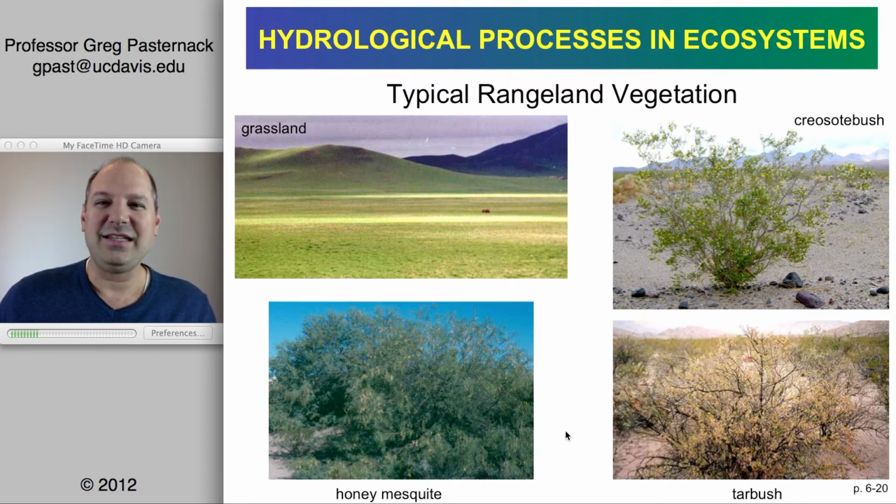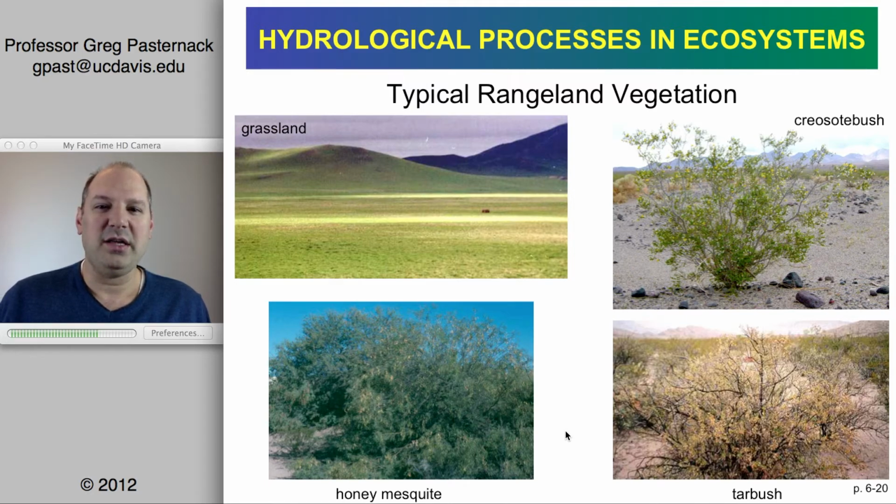But in fact, that's not really an accurate reflection of semi-arid, arid conditions in the western United States. In fact, there were vast areas of grasslands that are relatively homogeneous in terms of the processes that they have and the plant associations that are there.